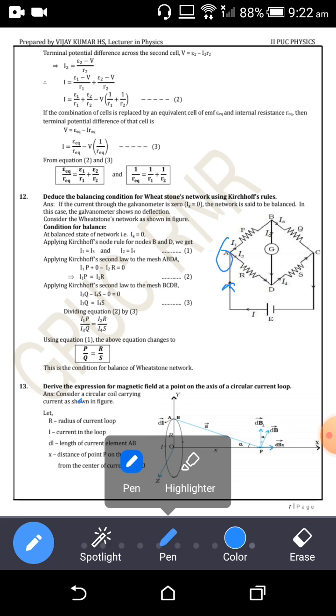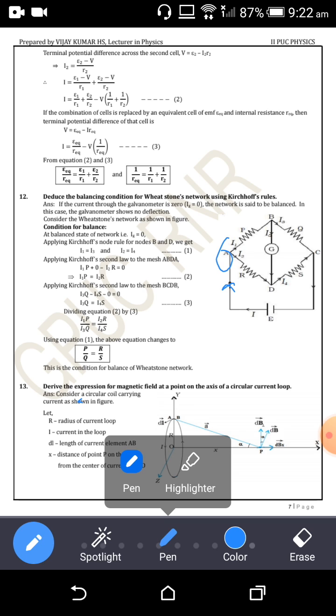Now, at the balance condition, the current through the galvanometer is 0. What does the current rule say? Kirchhoff's first law says incoming current is equal to outgoing current. The incoming current at terminal B is I1, and I3 and Ig are the outgoing currents.